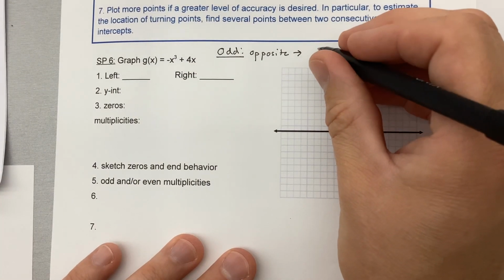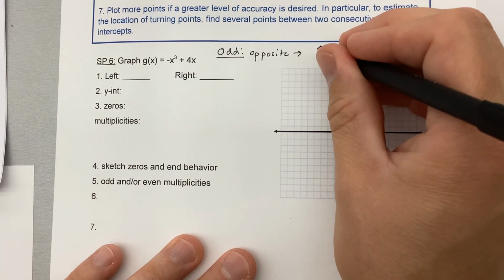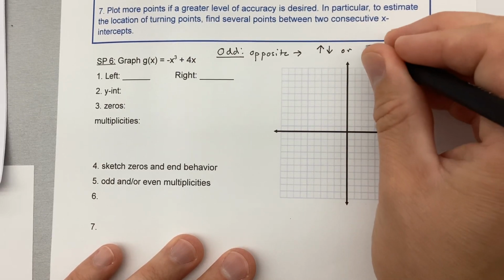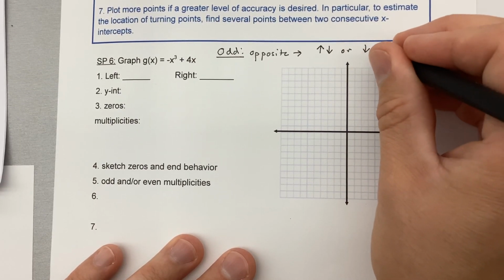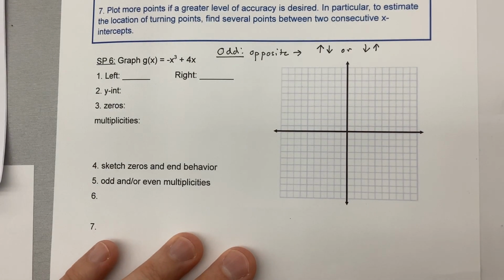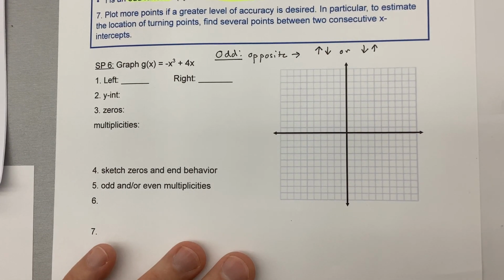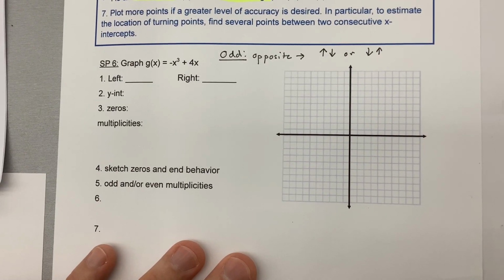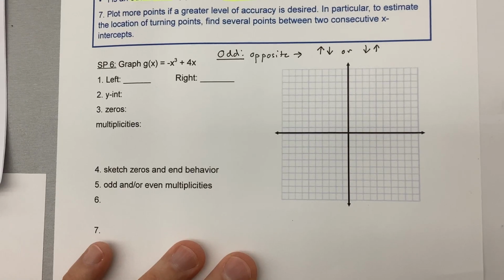The left end could be up and the right end going down, or the left end going down and the right end going up. Which one of these two options do you think it is? Remember? First one? It is the first one.